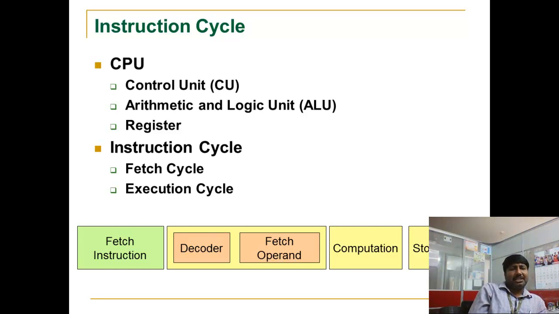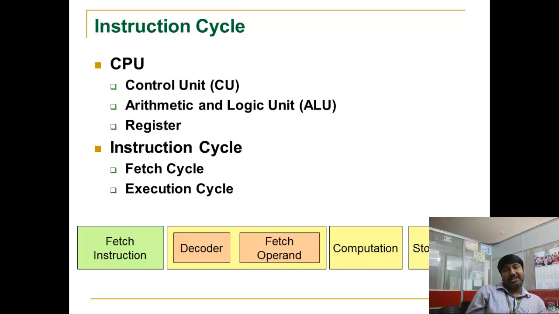In the instruction cycle we have the fetch cycle and the execute cycle. Normally, these two we can further divide into three things: fetch, decode, then execute. This is what we study in computer architecture or computer organization, like Morris Mano and other books. They explain nicely about the instruction cycle. Now the same thing we explain in a different way.